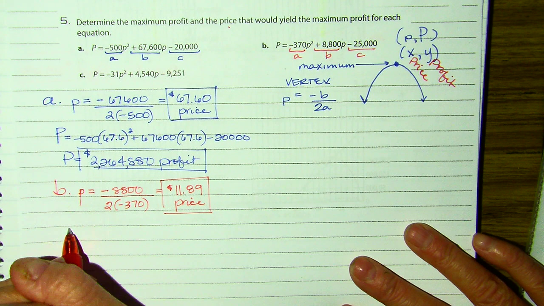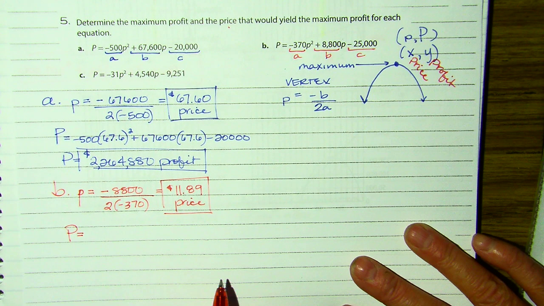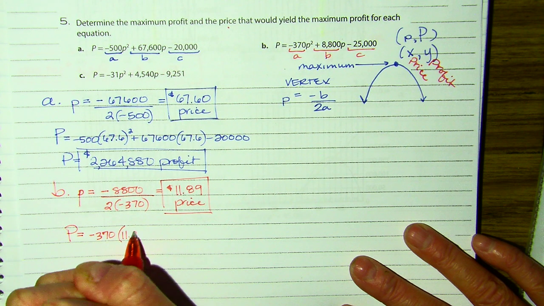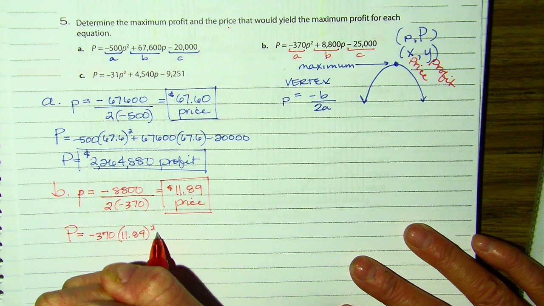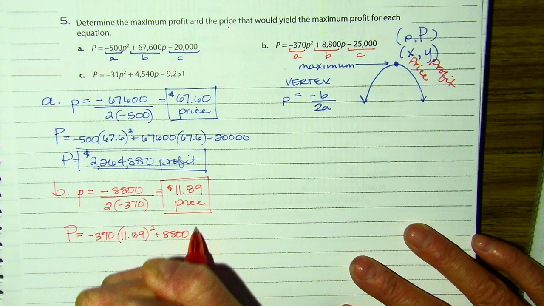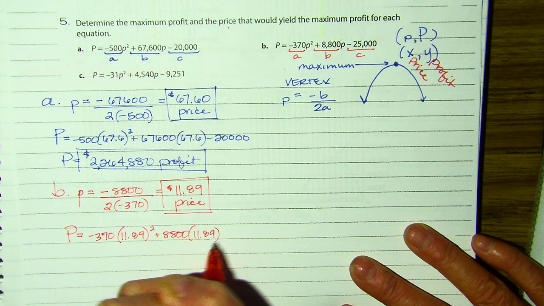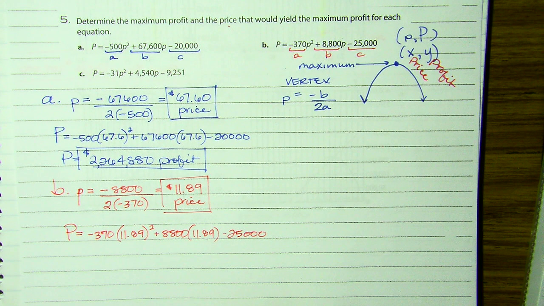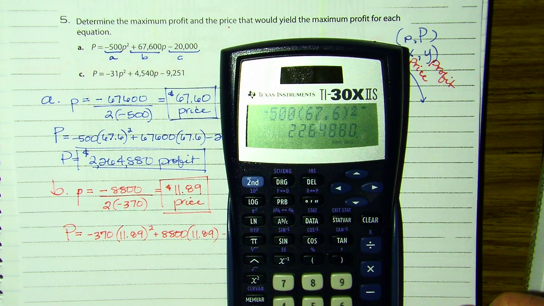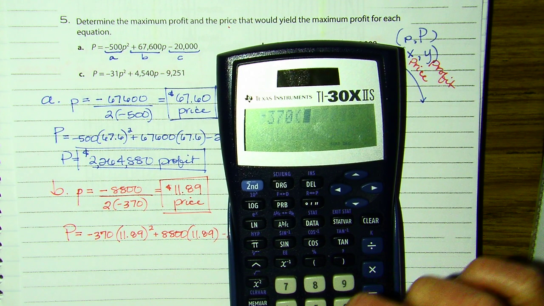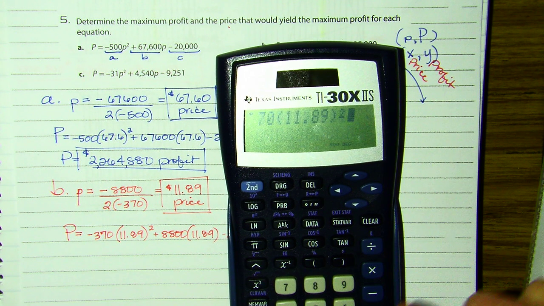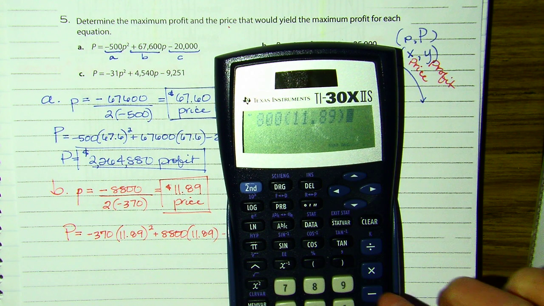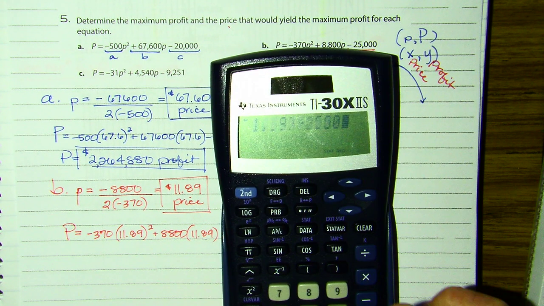And to find that, I have to plug it back into the capital P equation. So negative 370 times 11.89 squared plus 8,800 times 11.89 minus 25,000. So I'm going to enter that. Negative 370 parentheses 11.89 squared plus 8,800 times 11.89 minus 25,000.